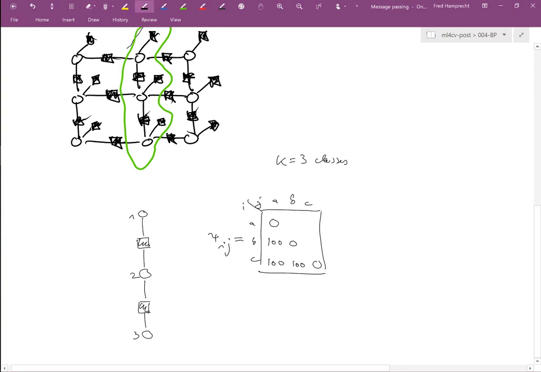It's not a hard constraint because the penalty is only 100. It's not infinite, but that's a pretty strong penalty.